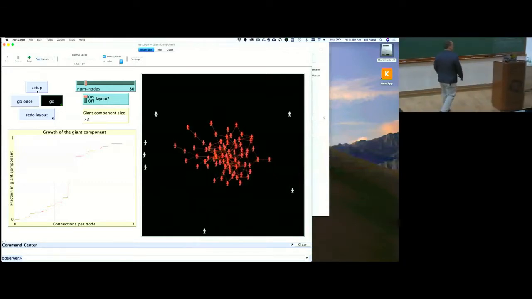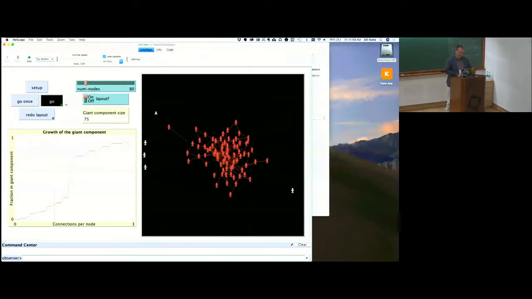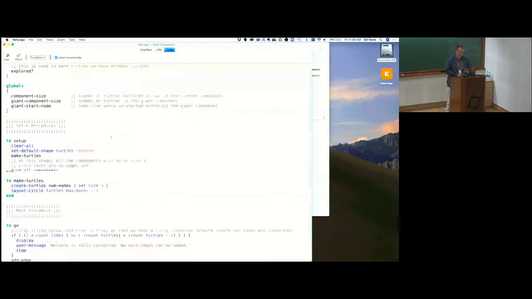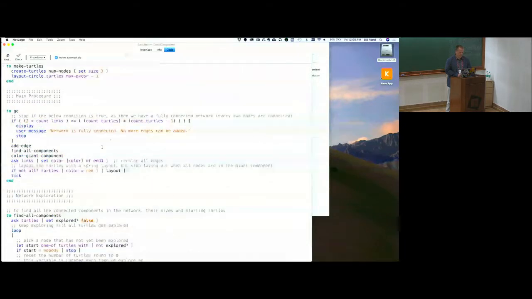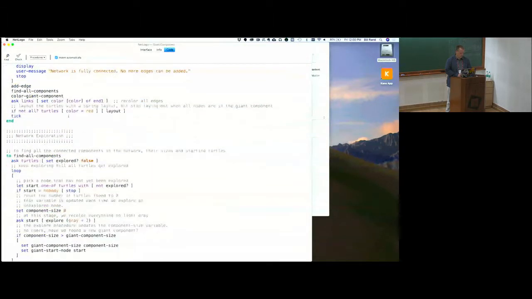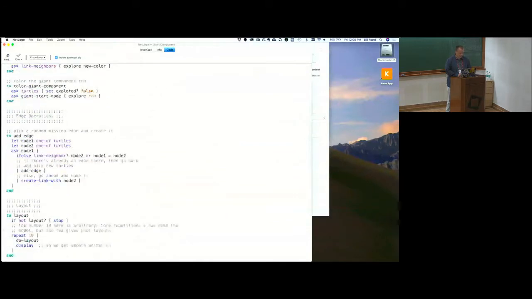Okay, one last model, then we'll go back to talking. Yeah? Yep, it's essentially creating an Erdős-Rényi type graph. It doesn't have to be this complicated, but this is what happens in each time step.